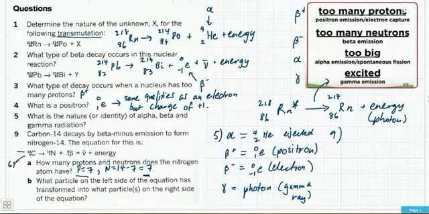So that's 6 protons, and for a mass number of 14, it has to be 8 neutrons, because 8 plus 6 is 14. And on this side, we've got 7 protons and 7 neutrons, which we worked out in the previous question. Because we had 8 neutrons and now 7 neutrons, that means we lost a neutron. A neutron from this side has been lost, but it's turned into a proton, because you can see that you have one more proton.